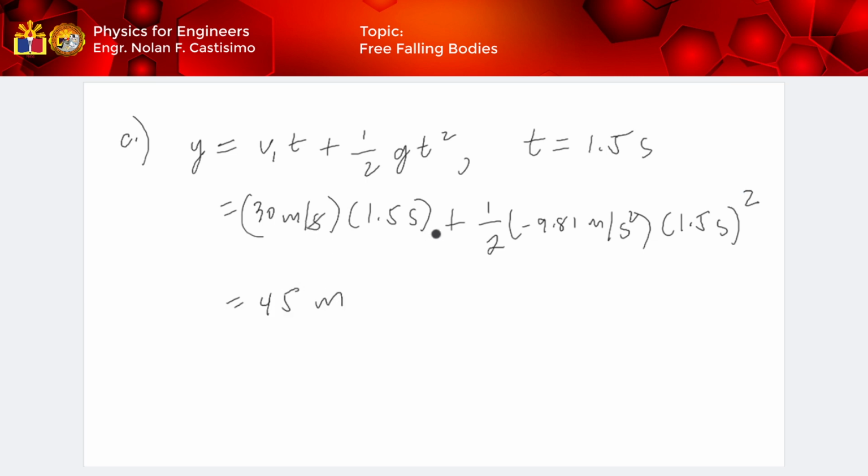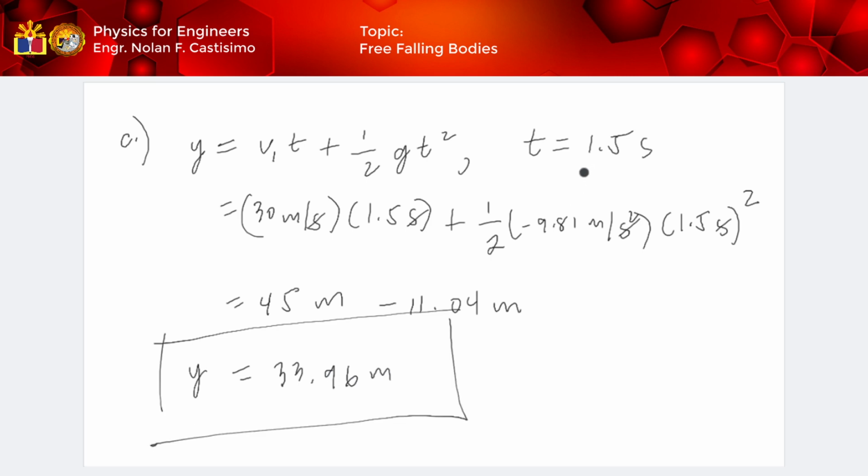So to cancel minus 11.04 meters. So ito, second square, makakancel to. Itong seconds. Ito makakancel. Kaya meters na lang. So ang value na ng y natin ay 33.96 meters. Yan.